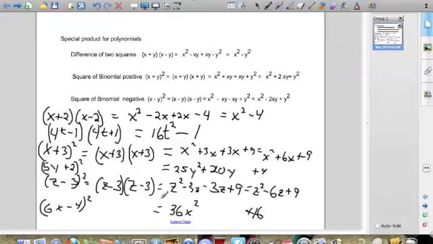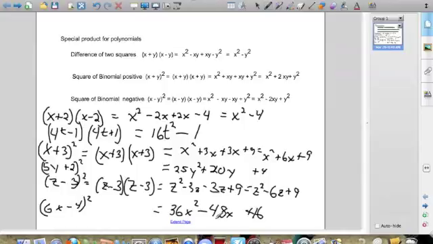Now again, the middle term in this case is going to be negative, since it's a square of a binomial negative. I take 4 times 6x, which is 24x. I double that, and I'll have a negative 48x for my middle term.